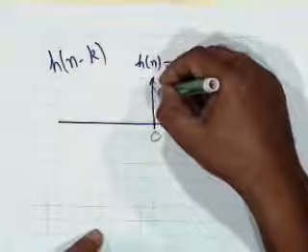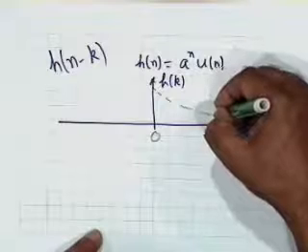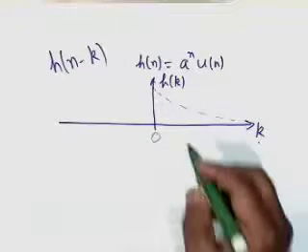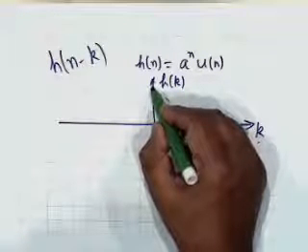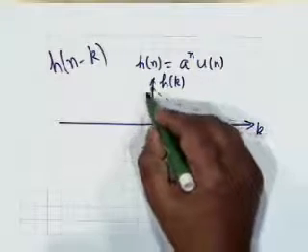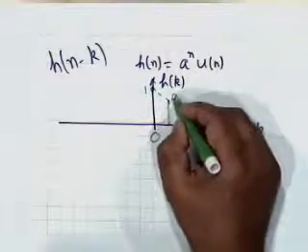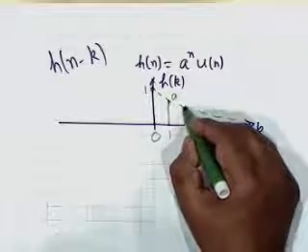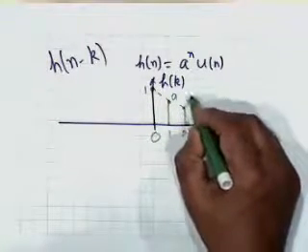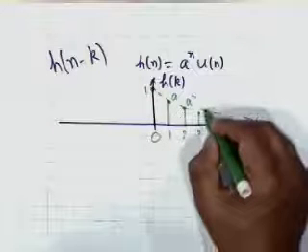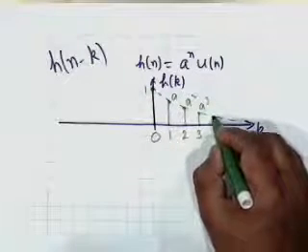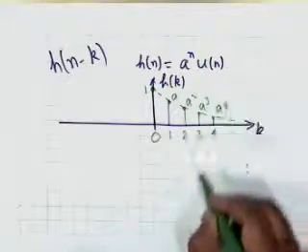And therefore, the envelope shall be like this, where we shall have samples at k equal to 0, this is 1, k equal to 1, the value shall be a, k equal to 2, the value shall be a squared, k equal to 3, the value shall be a cubed, and so on. This is the decaying exponential, all right. This is the plot of h of k versus k.